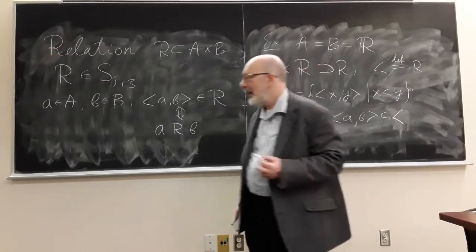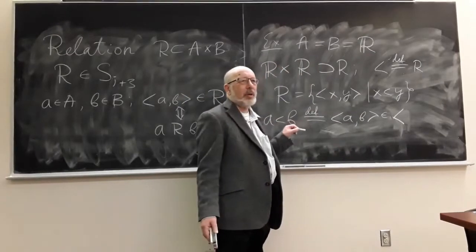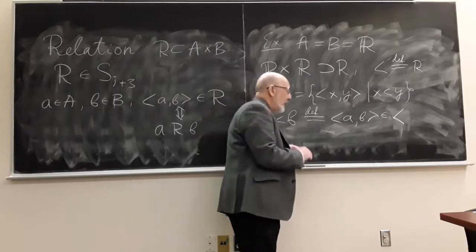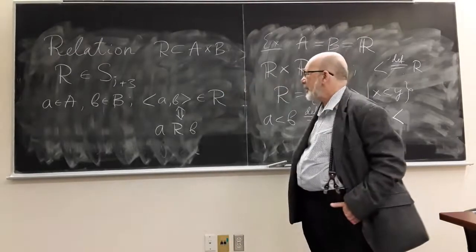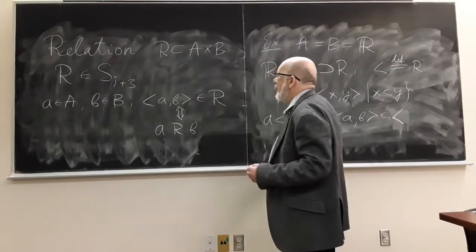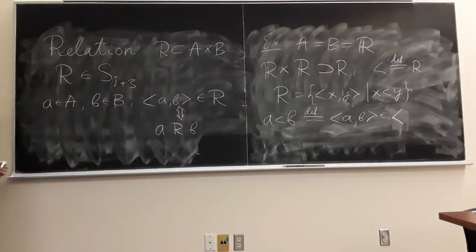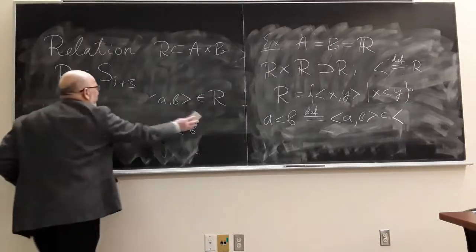If it is the case, then you write A less than B. Or if it has some other meaning, you can use some other symbol. Now we can consider also operation, another example of relation.